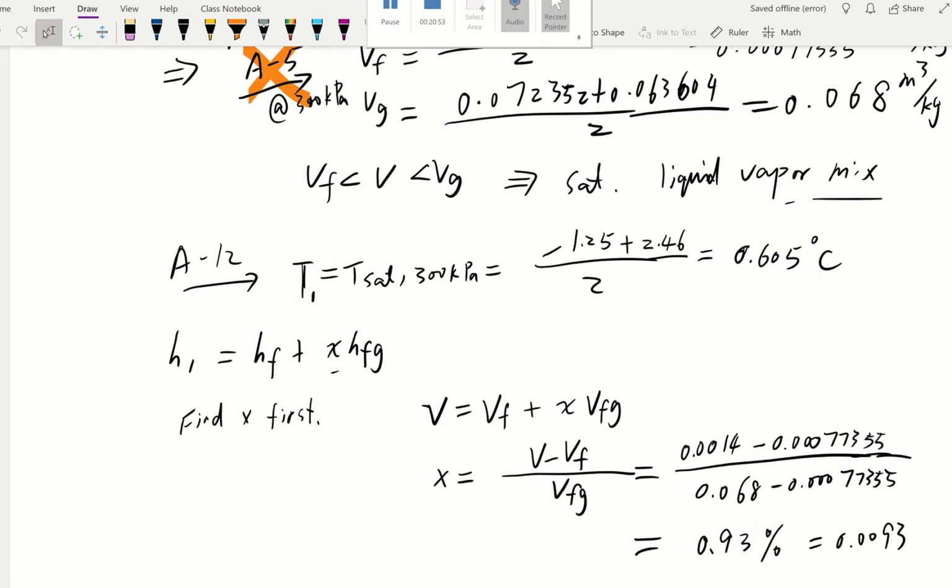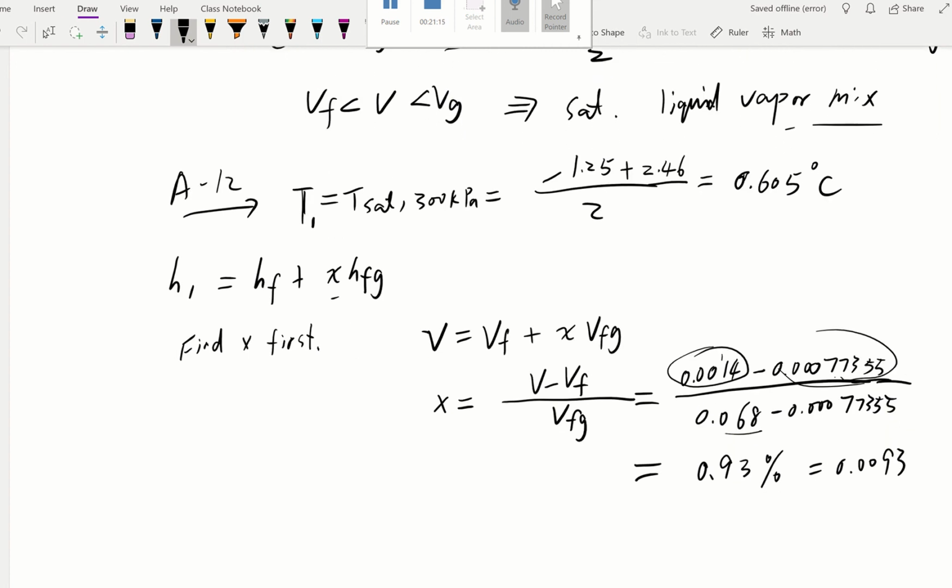This number is really small. What that means is there's a very small amount of vapor, and the majority is liquid. Now let's look at the given volume. It's pretty close to this vf, and quite a bit less than this vg, so that might make sense. All right, so that's our quality.